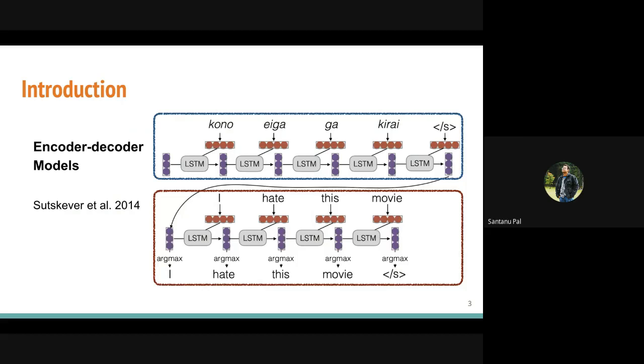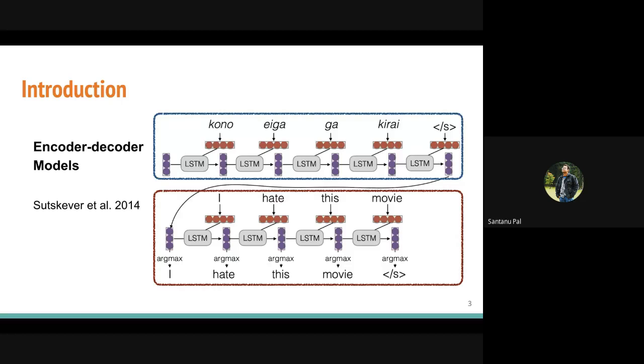Before proceeding to attention in detail, maybe we can introduce something about the sequence to sequence model, like encoder decoder. The sequence to sequence model follows the encoder decoder models, which were introduced by Sutskever in 2014.